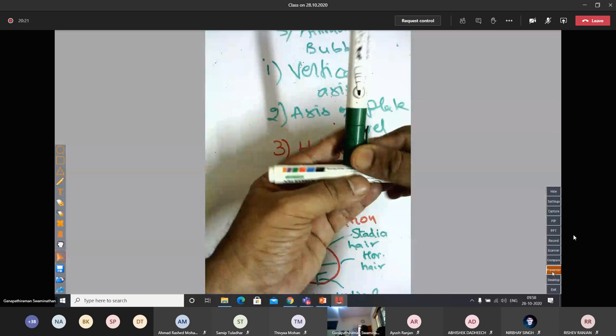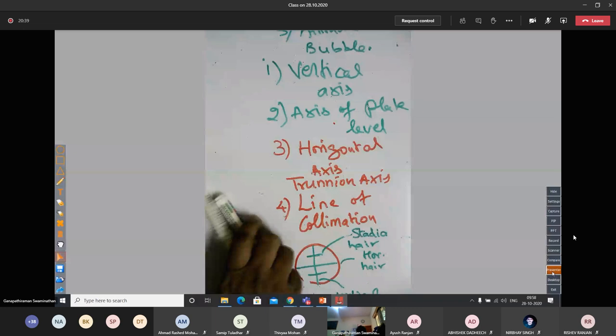The horizontal circle is graduated from 0 to 360 degrees. What about the vertical circle? What will be the graduation?